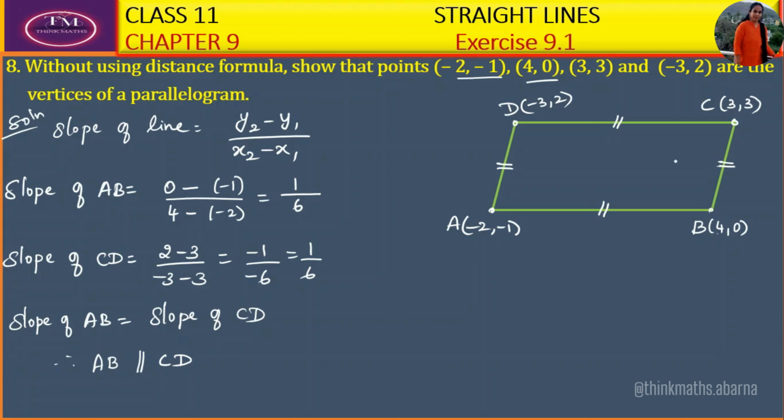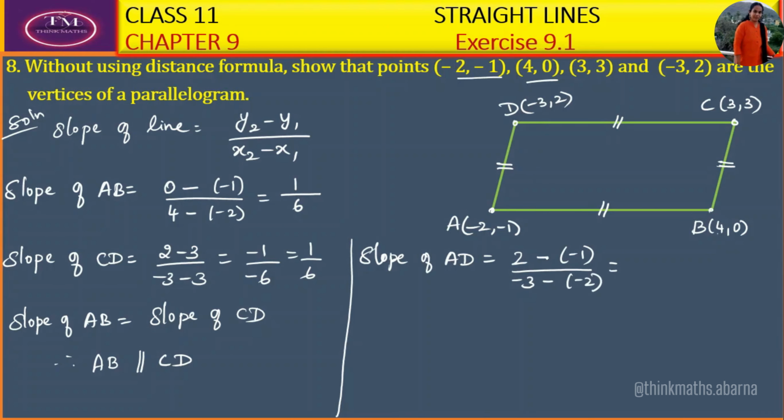Next, let us check for AD and BC. So slope of AD: y2 is 2 and y1 is minus 1, divided by x2 is minus 3 and x1 is minus 2. So 2 minus into minus is plus, so 2 plus 1 is 3, divided by minus 3 plus 2. So what is minus 3 plus 2? It is minus 1. So the answer is minus 3.